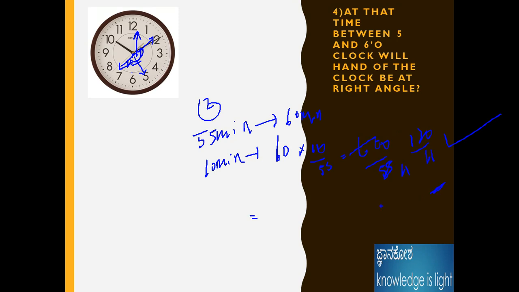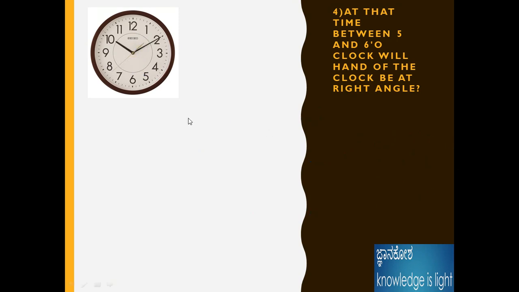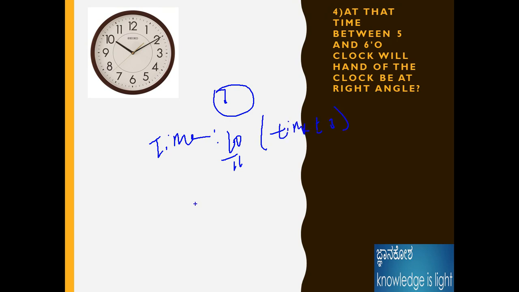Or else the third method, I already wrote: time is 60 by 11, already shown in the tabular column. Time plus or minus 3. What is the time? 5 is to 60 by 11.